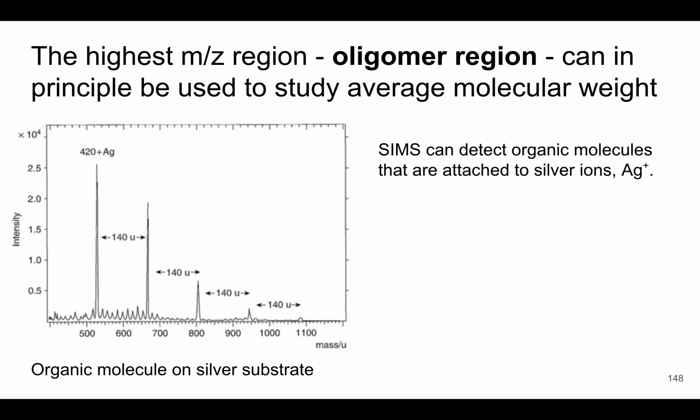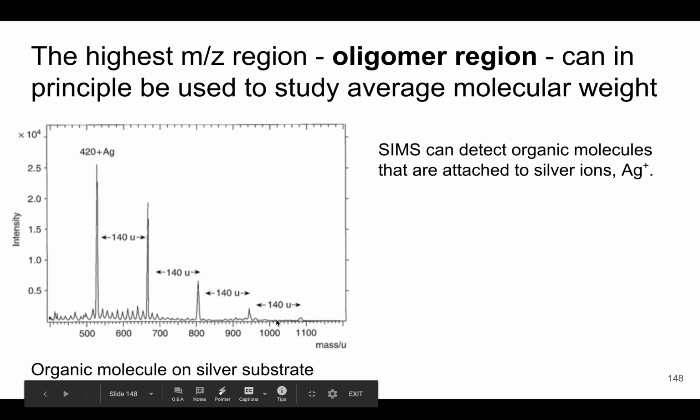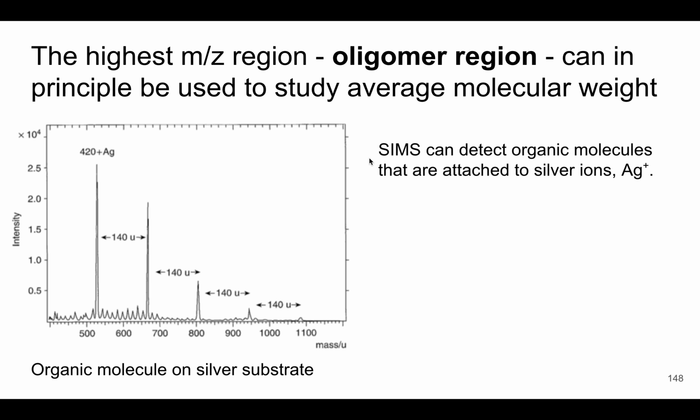Also, at the highest M over Z regions, so you see here we're up to almost 1,000, what we see there is the oligomer region. And so this is used in studying the average molecular weight.